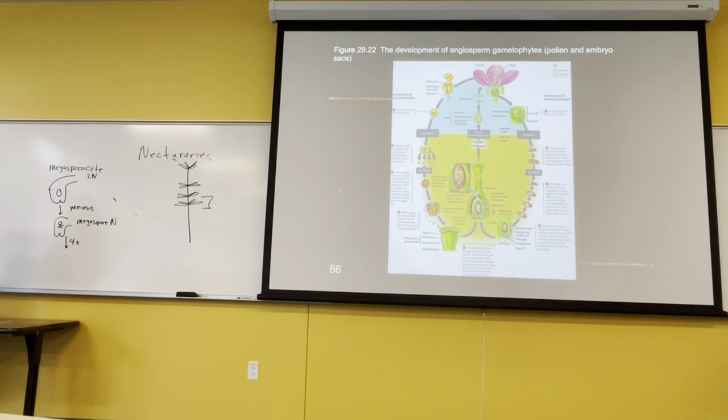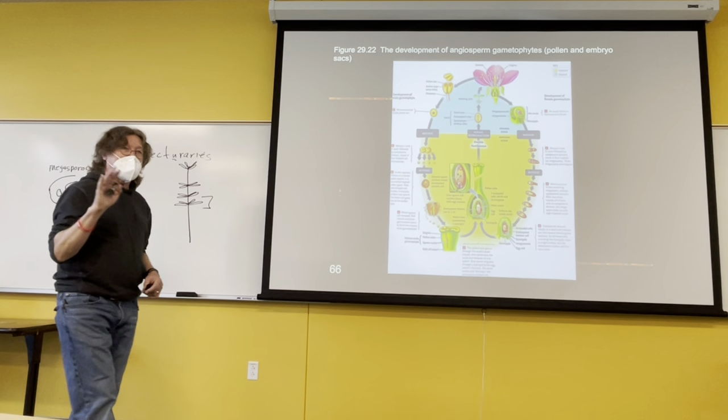It'll divide 4 times, okay, and actually 3 times. 3 mitotic cell divisions that will result in the mature female gametophyte. 8 nuclei, 7 cells.